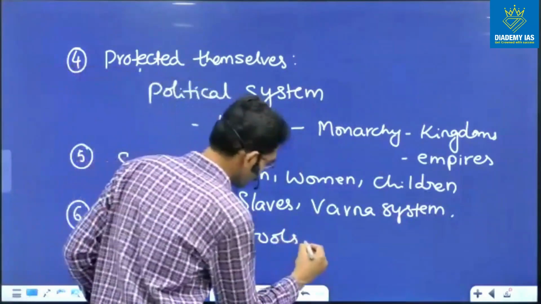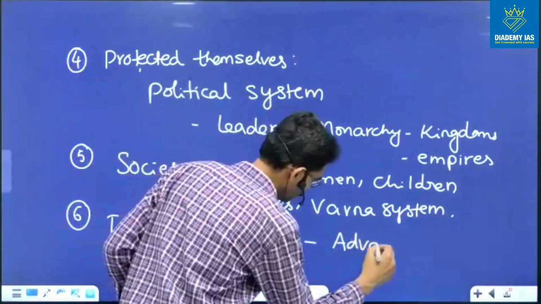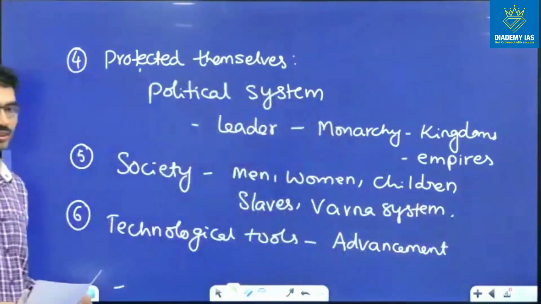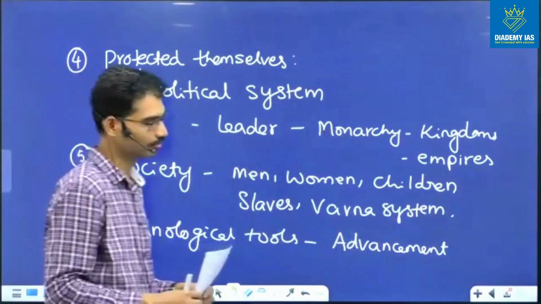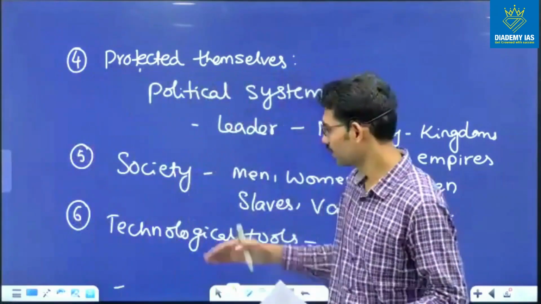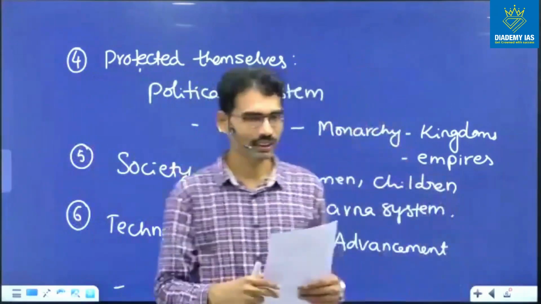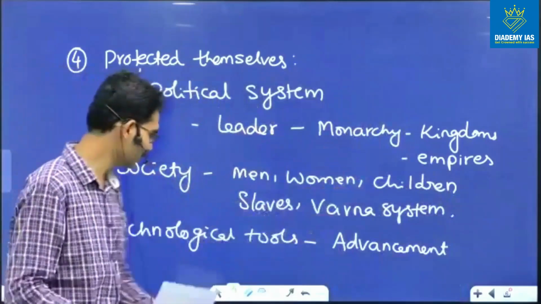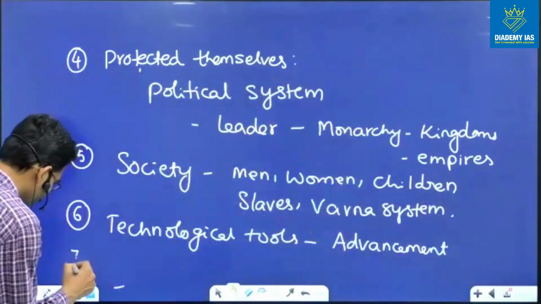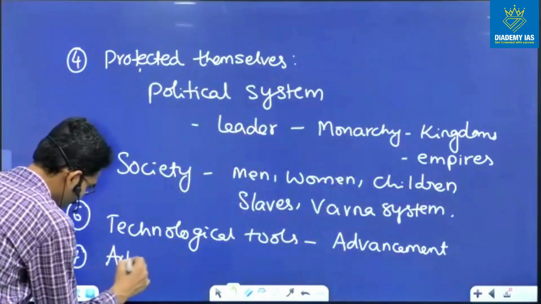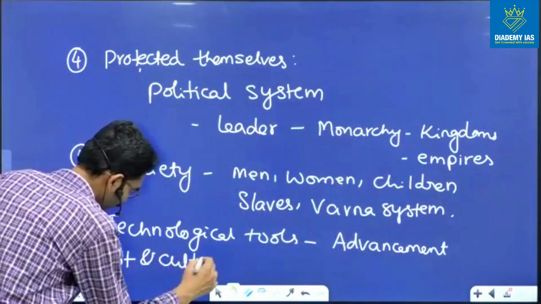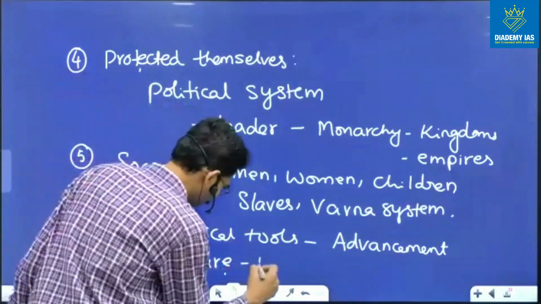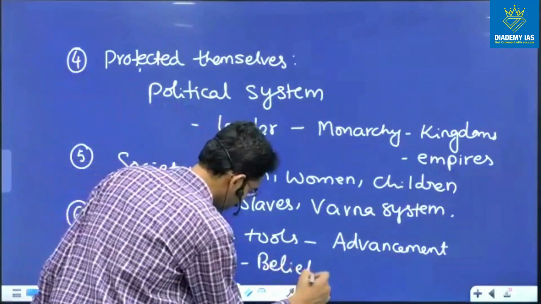These technological tools, this advancement. And gradually, they started representing all these social norms, political norms, and other economic dimensions in the form of art and culture. They developed gradually some belief systems.